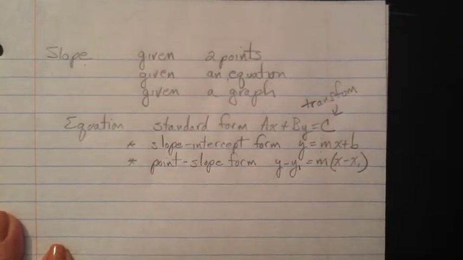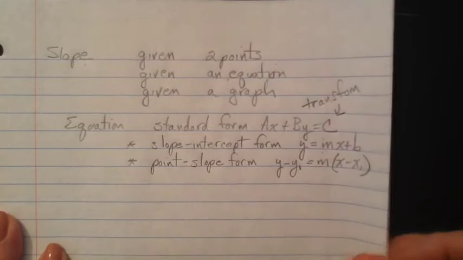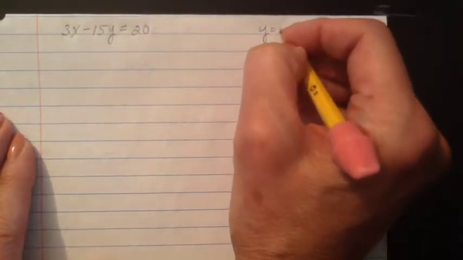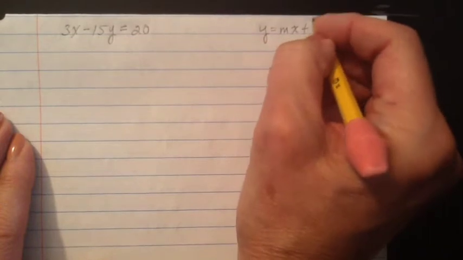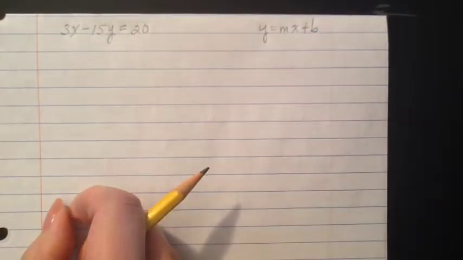Okay, so we're going to go ahead and look at an example of an equation in standard form that needs to be transformed. All right, so let me see. 3x minus 15y equals 20. All right, remember we're going to try to change this step by step using algebra to get it in the form y equals mx plus b. And then we'll know that the number in front of the x is in fact the slope.